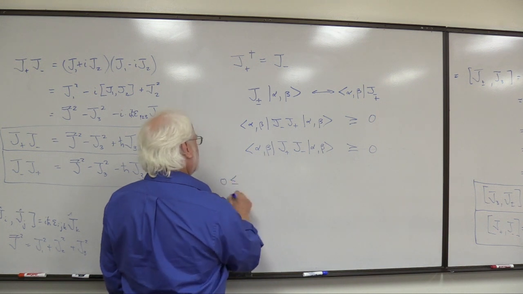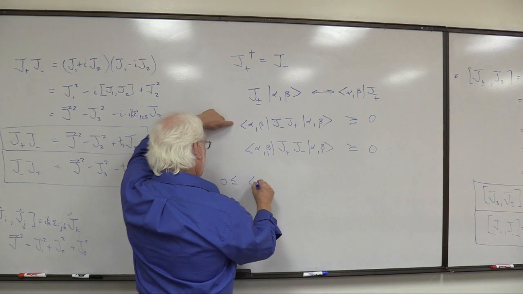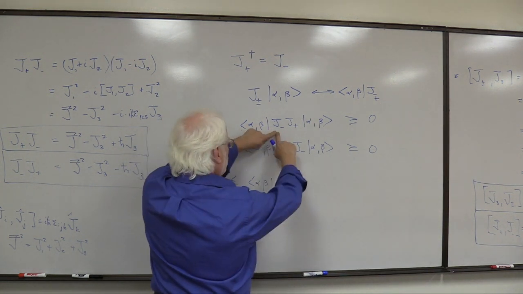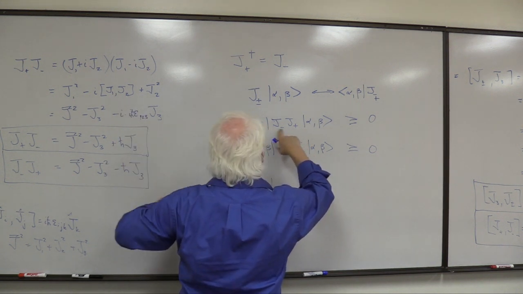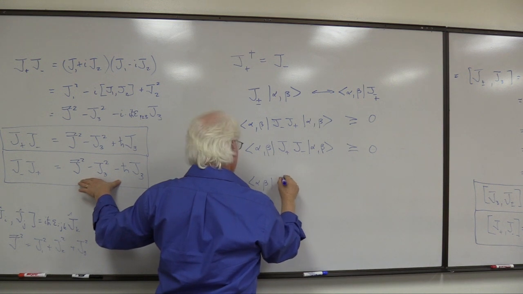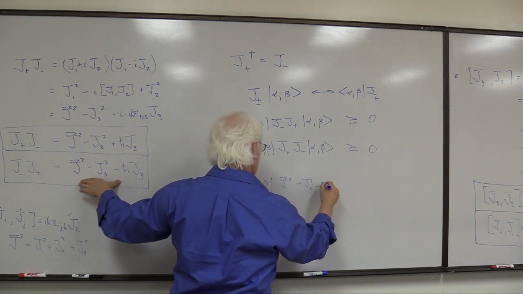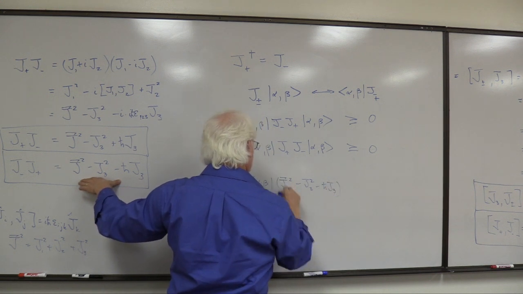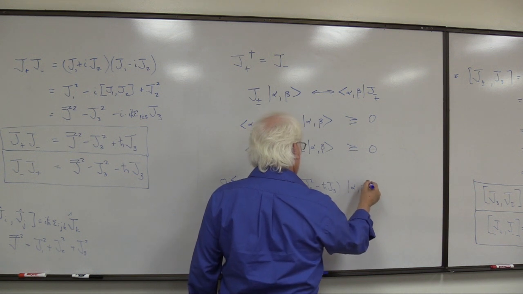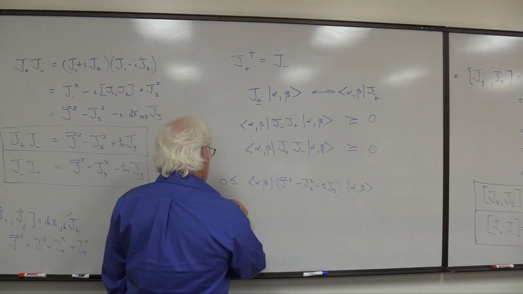So this first one is greater than or equal to 0. J minus, J plus, we've shown to be this operator right here: J squared minus J3 squared minus H bar J3. So we'll just substitute that.